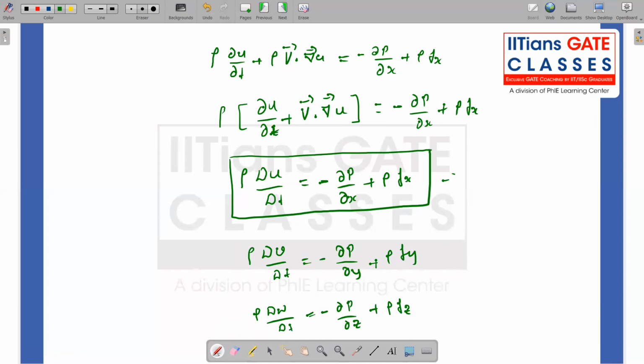So this is x momentum, this is y momentum, and this is z momentum. So this is the momentum equation, converted from integral form to differential form.